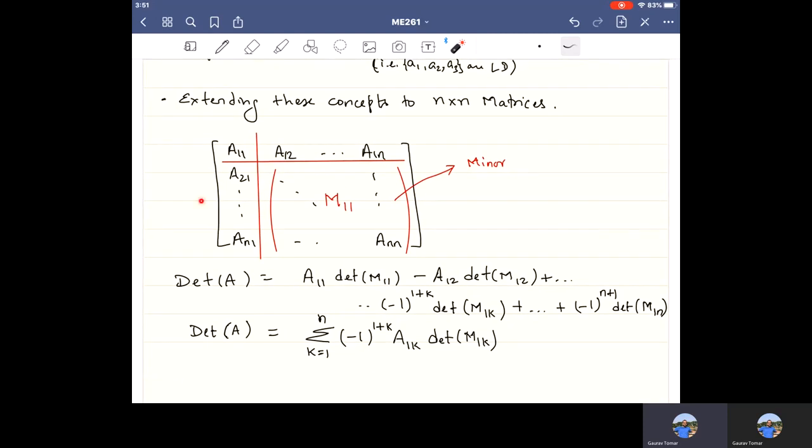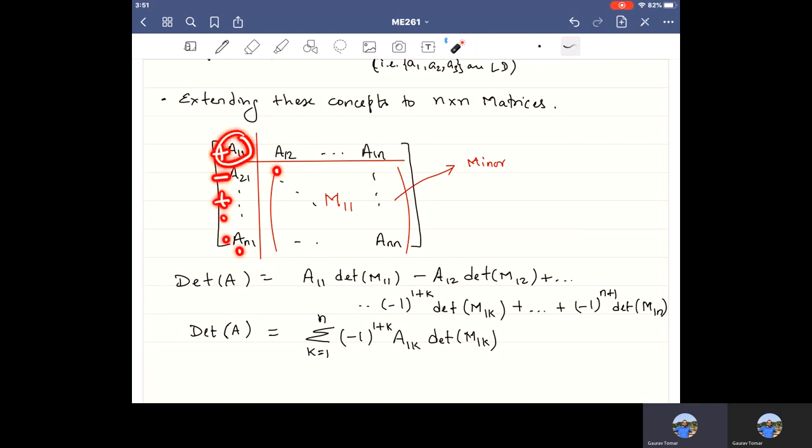Now suppose I want to choose, instead of the first row, let's say, the ith row. I can choose the column also, by the way. So for example, I could have chosen this column for my calculations. It will run from plus, minus, and the matrices that you will form would be the same way.